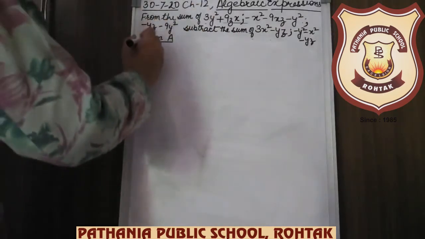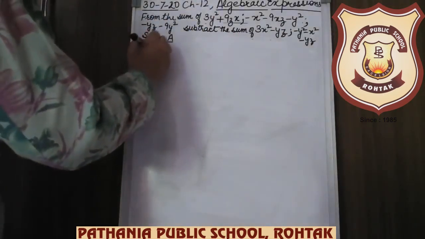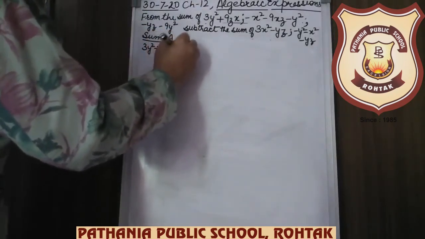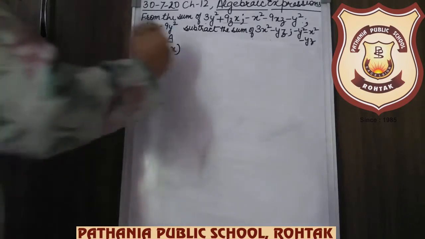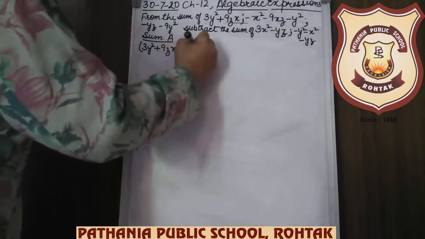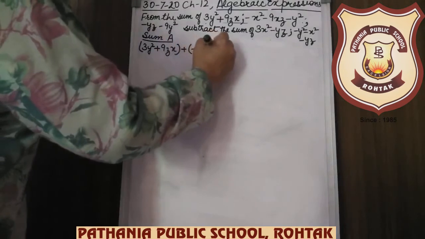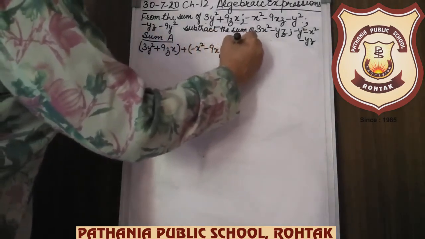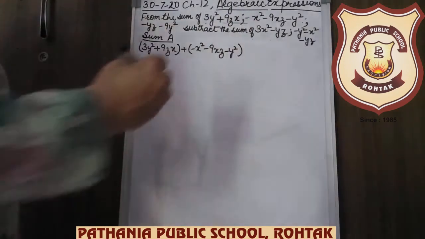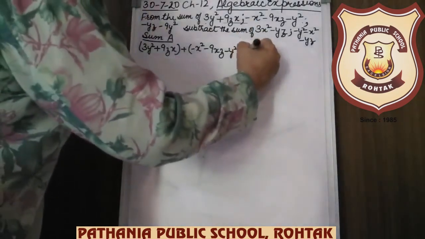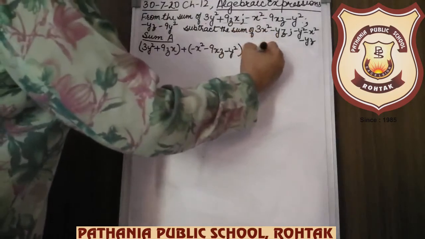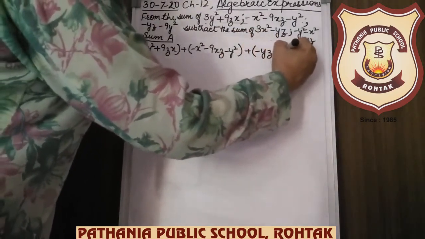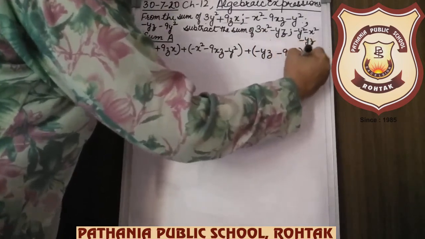Now you have to add all these three. 3y square plus 9zx. This is your first expression. Put it in the bracket. Plus minus x square minus 9xz minus y square. This is your second expression. And sign of addition. Then the last one, minus yz minus 9y square.